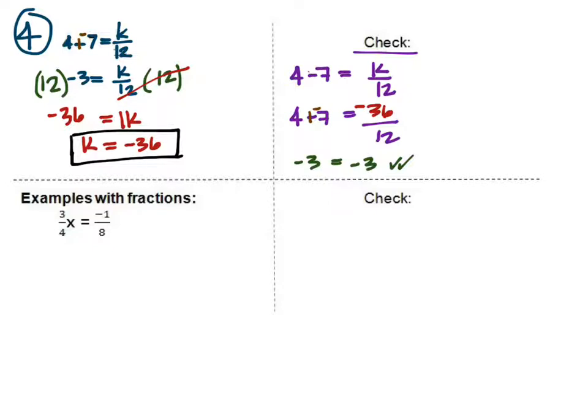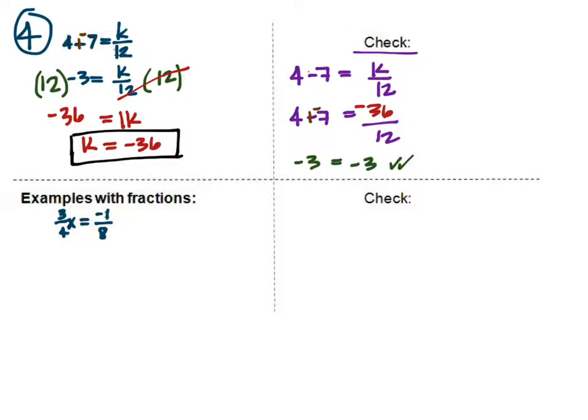So when we go ahead, we are currently finding that 3/4 x equals -1/8 is a situation where we ask what's happening to x? Well, it's being multiplied by 3/4. So in order to undo that multiplication of 3/4, I want to divide by 3/4.